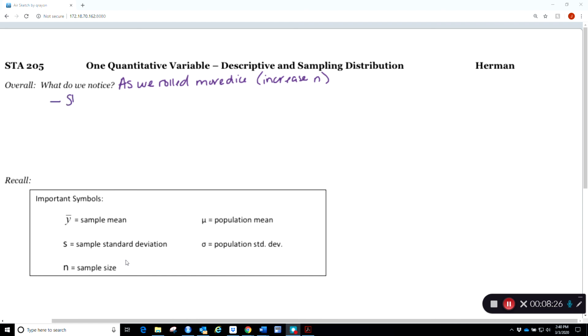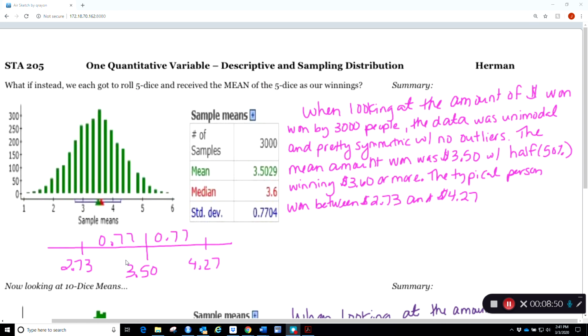Well, first, the shape of our graph did change. So our shape started as uniform. It did not have any peaks. But became not only unimodal, but unimodal and symmetric.